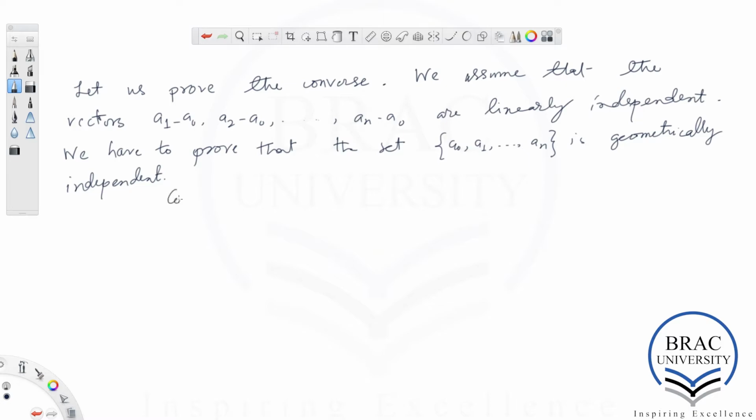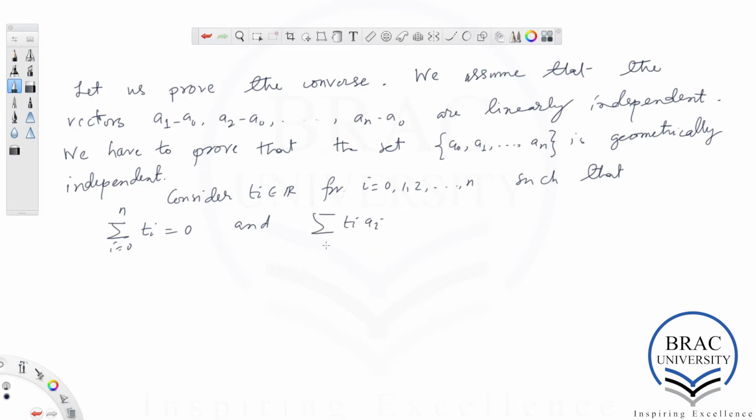Now consider scalars such that the following two equations hold: the sum over ti's as i runs from 0 to n is 0, and the sum over ti times ai as i runs from 0 to n is equal to 0, which we number as 5.